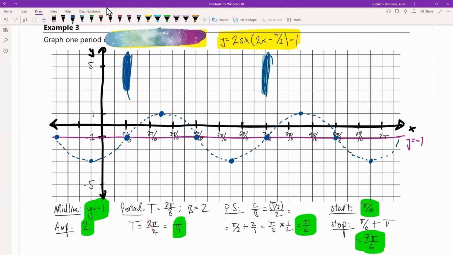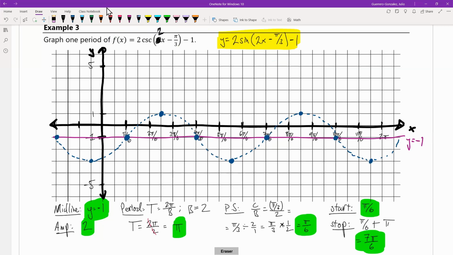There it is. This dotted line is the graph of this thing right here. Now, that is not what we wanted to graph. We wanted to graph the cosecant graph.